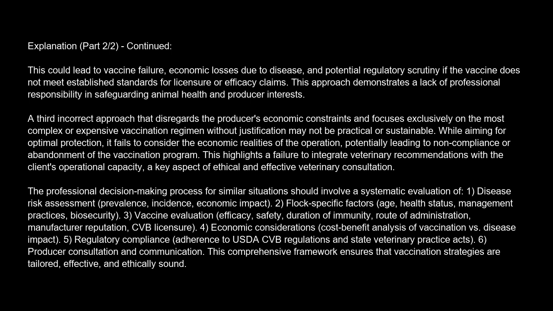Economic considerations, cost-benefit analysis of vaccination vs. disease impact. 5. Regulatory compliance, adherence to USDA CVB regulations and state veterinary practice acts. 6. Producer consultation and communication. This comprehensive framework ensures that vaccination strategies are tailored, effective, and ethically sound.